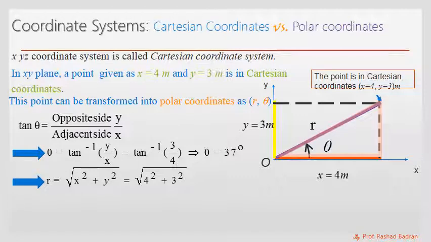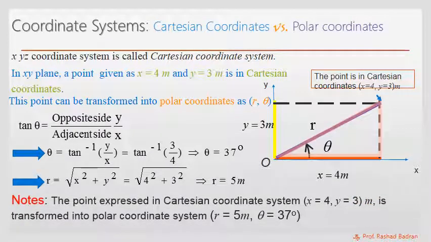As a result of this, the point expressed in Cartesian coordinate system as x equal 4 and y equal 3 meters is transformed to polar coordinate system with r equal 5 meters and theta equals 37 degrees.